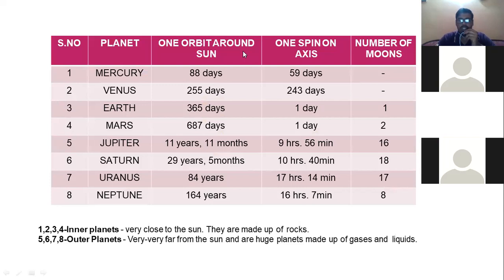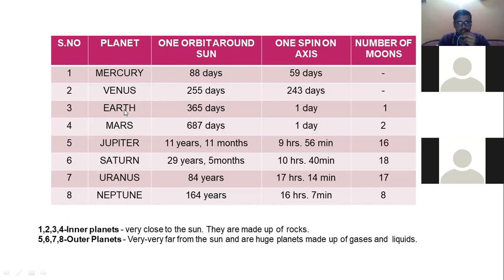Here is some general introduction about the planets: Mercury, Venus, Earth, Mars, Jupiter, Saturn, Uranus, and Neptune, and how they orbit around the sun. Mercury takes 88 days to orbit the sun. Venus takes 255 days to complete one orbit.